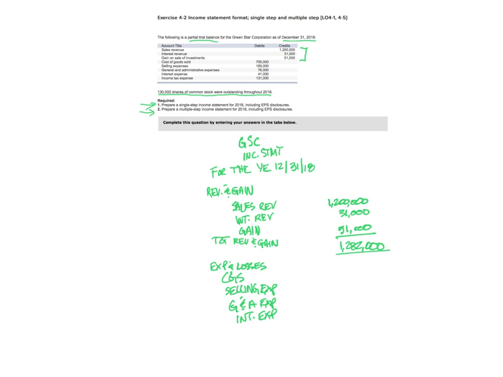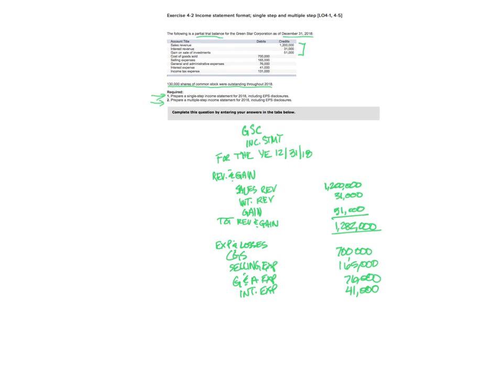So we have 700,000, 165, and 76, and 41,000. We're going to add all of these up to get our total expenses and losses, which are 982.